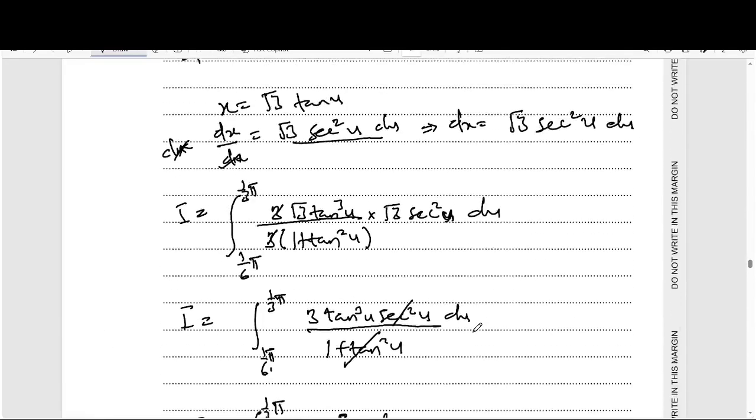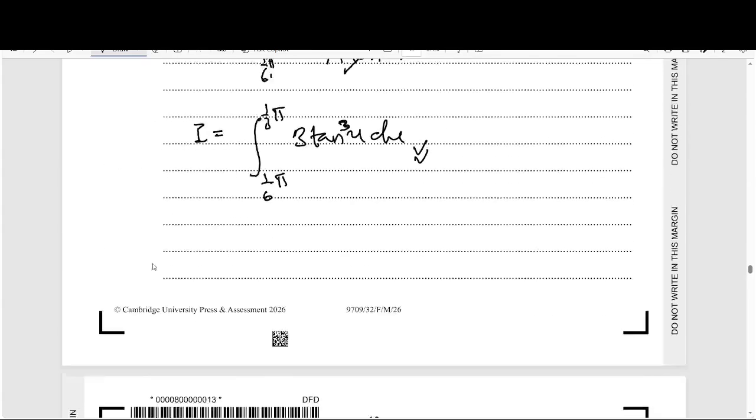So question number 9b says that hence or otherwise find the exact value of I. Give your answer in the form P plus Q ln R, where P, Q, and R are rational. So find the value of I. We've already expressed I in this form.